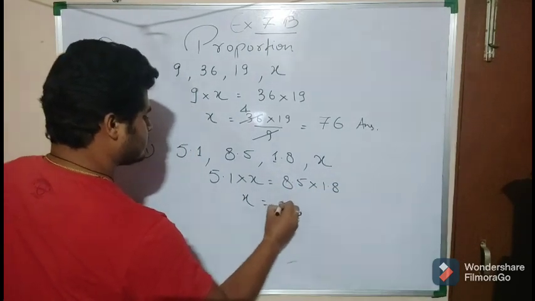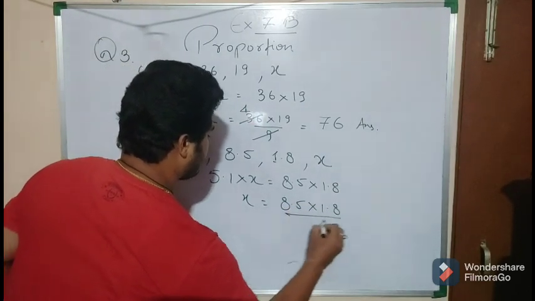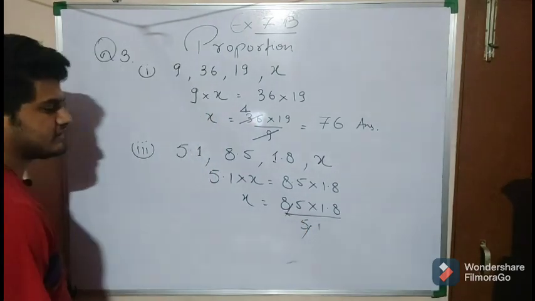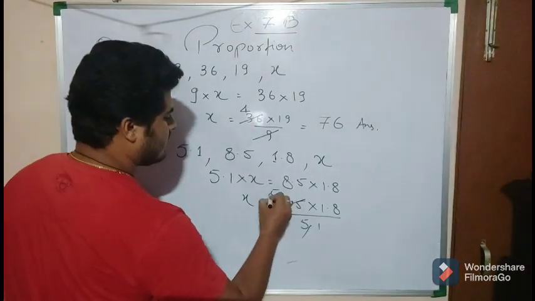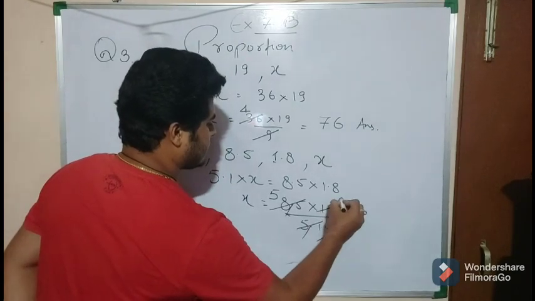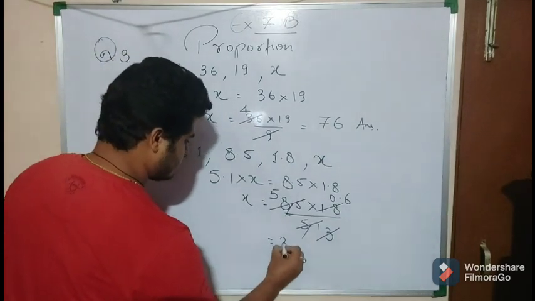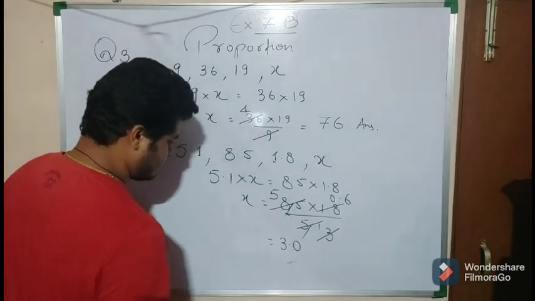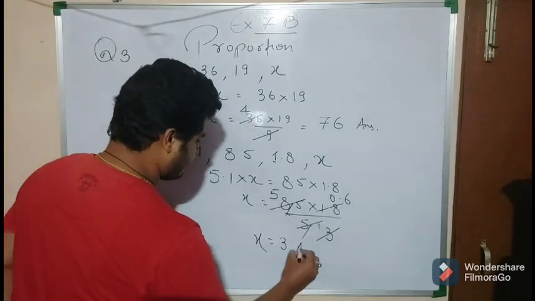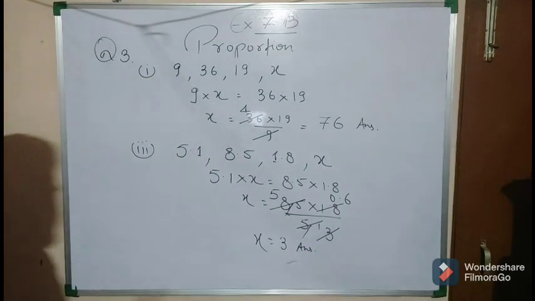So x equals 8.5 into 1.8 upon 5.1. The points cancel because they are at the same place. 17 fives are 85, 17 threes are 51, 3 sixes are 18, so 0.6. 0.6 into 5 is 30, with the point 3.0, so there is no meaning of 0.0. So x should have a value of 3 so that it comes into proportion.